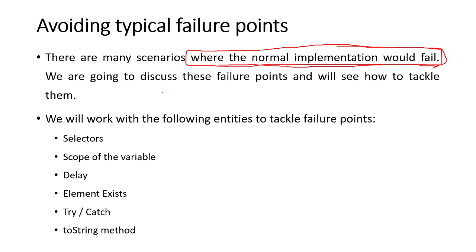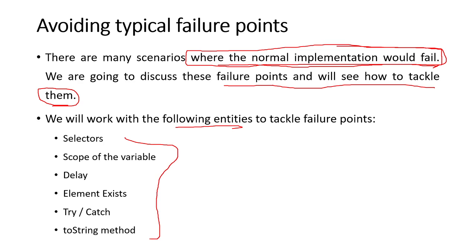And we shall see which are those failure points that we may usually insert while building the robots, and how to tackle them. I mean how to find those errors and how to deal with those errors. This is what the meaning says here. Clear? So the following entities are usually used to tackle the failure points which we may face while building the robots.